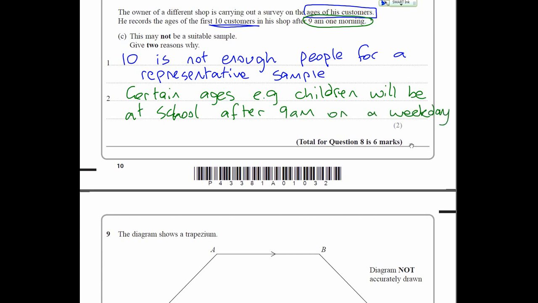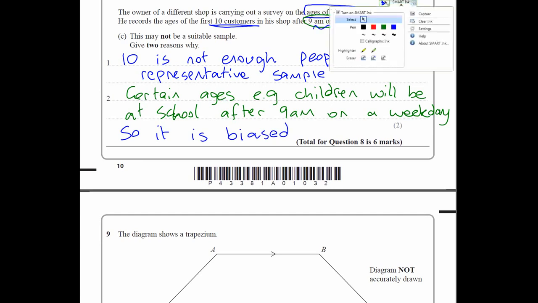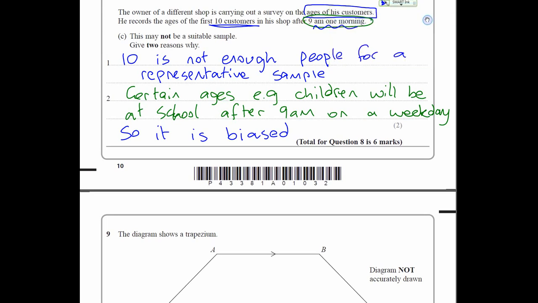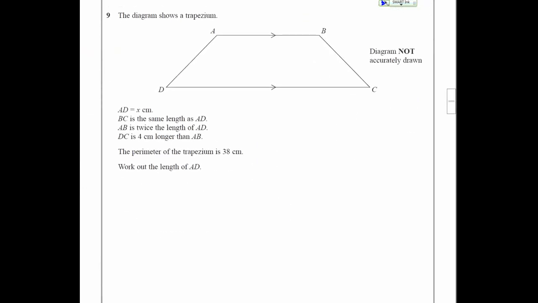Okay, so it's not fair. It is biased. Okay, which means it's not fair. It's not giving everyone a chance of different ages if you're only asking at a certain time. Okay, clear ink. Question 9. There are other reasons there, but we just needed to give 2.